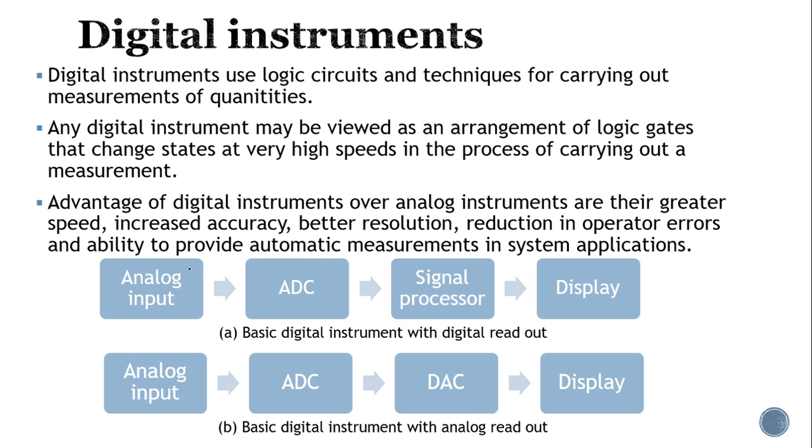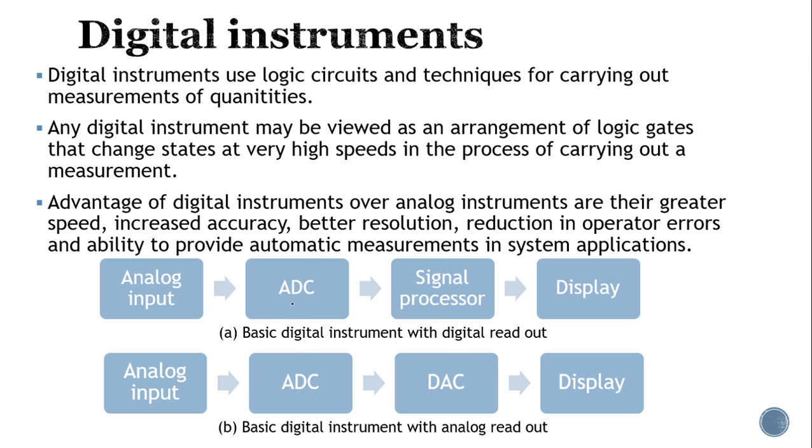In your first figure you have an analog input, then an ADC, a signal processor, and then the display is digital itself. Whereas with an analog display, you take your input in analog format and convert it into digital format using an ADC, that is, an analog to digital converter.